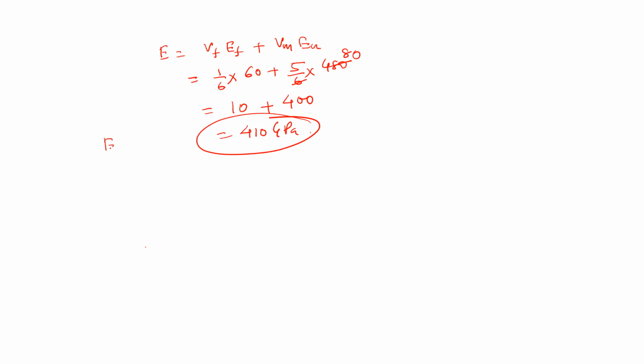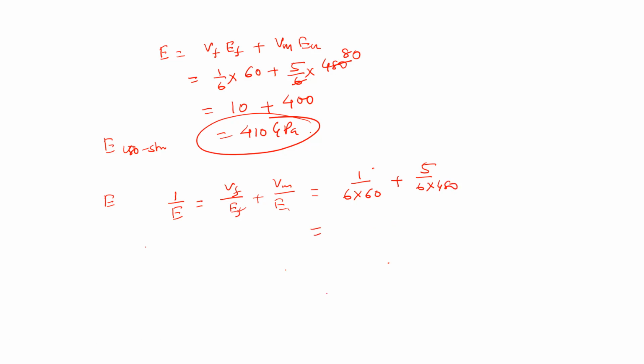Okay, so the E for isostrain, so 1 by E is equal to Vf by Ef plus Vm by Em, equal to 1 by 6 into 60 plus 5 by 6 into 480.